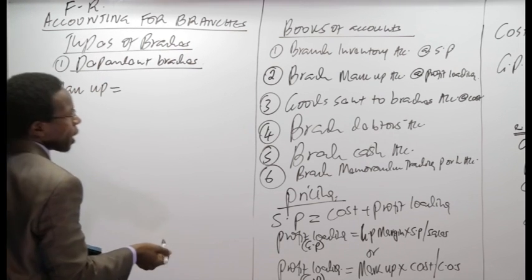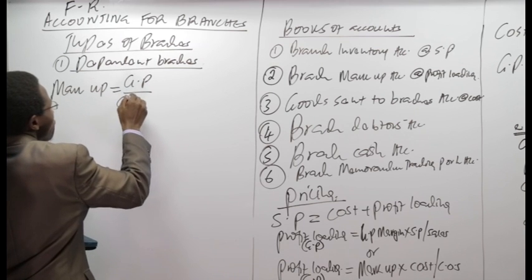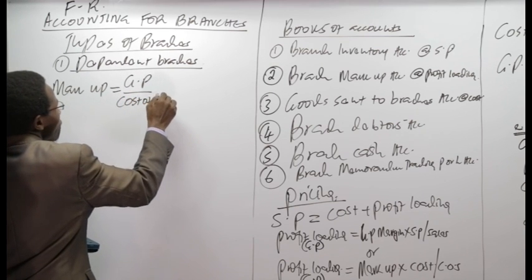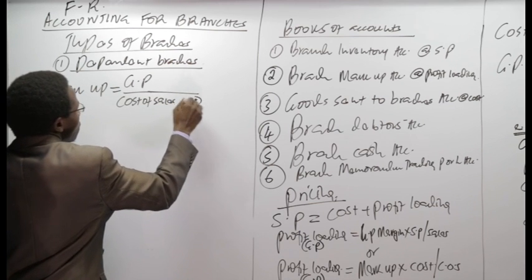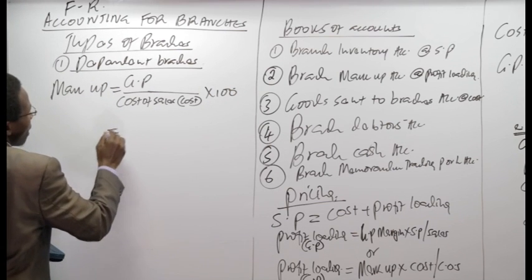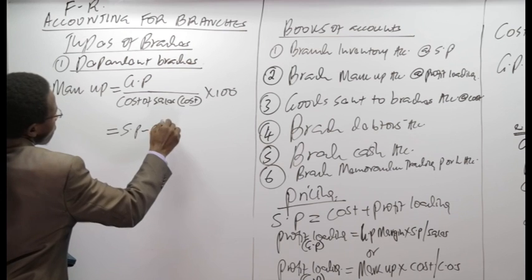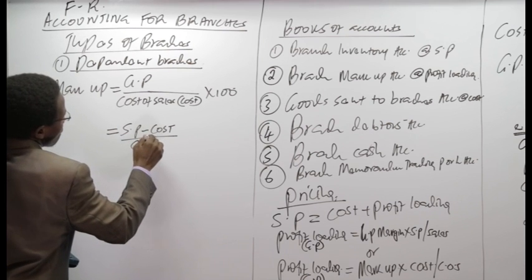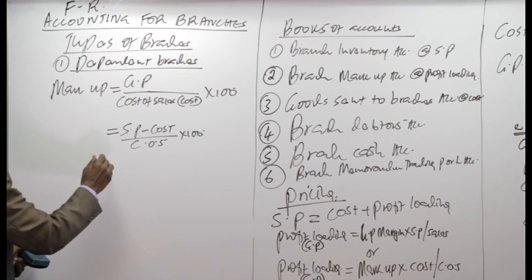How do we get the markup? The markup we simply get as the gross profit over cost of sales, or simply costs, multiplied by 100. This is the same as saying the selling price minus the costs, divided by the cost of sales, multiplied by 100.